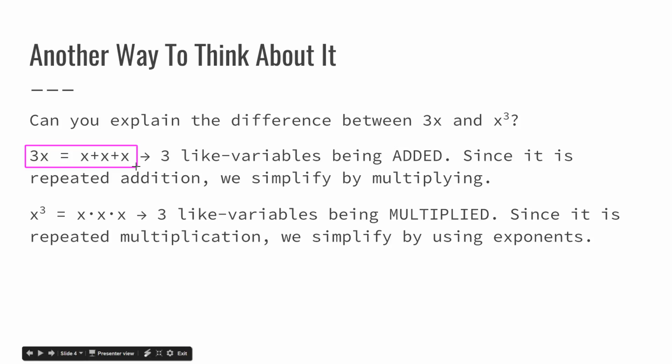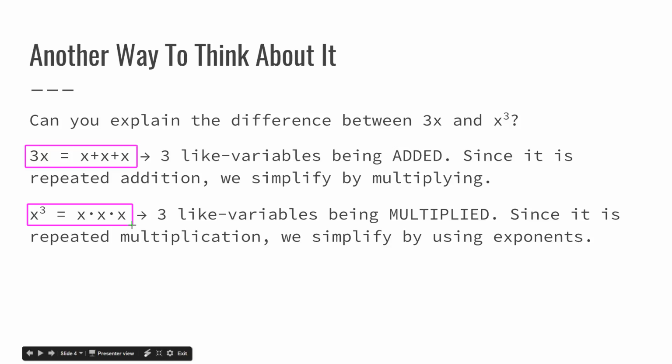They're being added together. X cubed, if we expand that, if we pull that apart, that is actually x written 3 times with multiplication. So the difference here is in the representation of addition and multiplication. So if x is being added repeatedly, we can shorthand that by using multiplication, just like what we did with the stars.